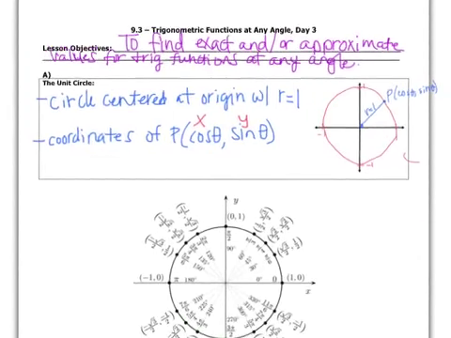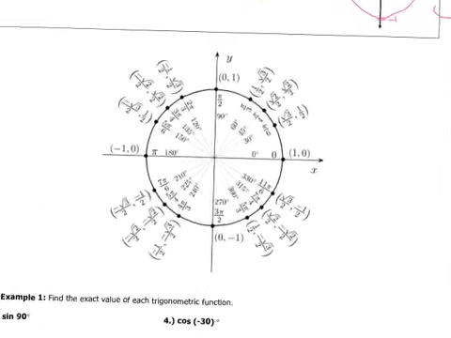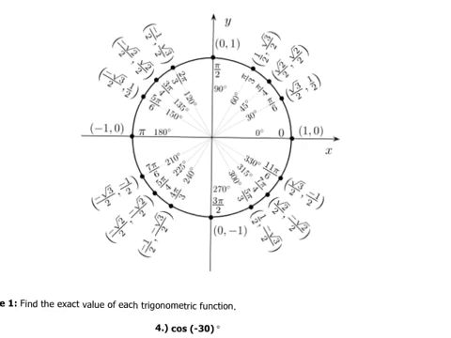What you see below then is an almost completed unit circle. Like I mentioned to you, the only thing not included in this unit circle are the tangent values.